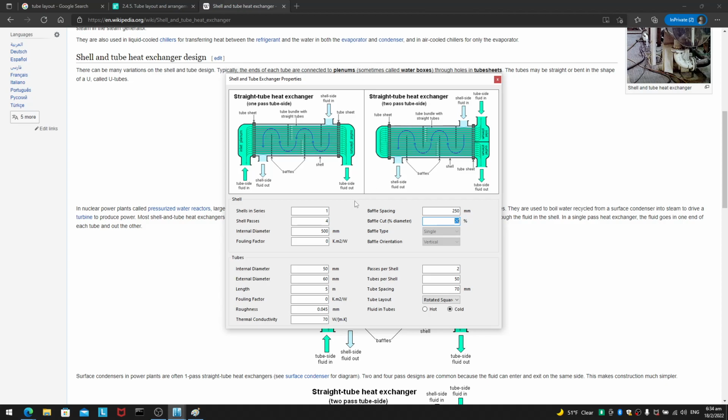There'll be less pressure drop. However, the contact between the hot and cold fluid won't be as good. So there's a trade-off here when you do these baffle cuts. It is a trade-off of pressure drop versus heat exchanger efficiency.